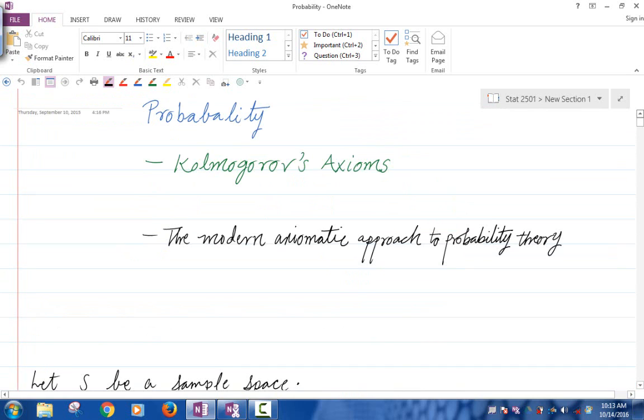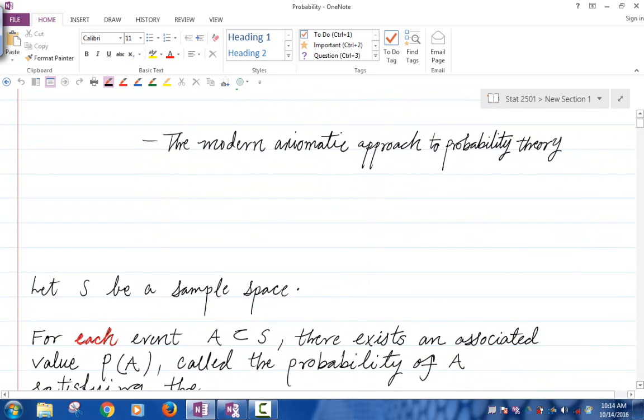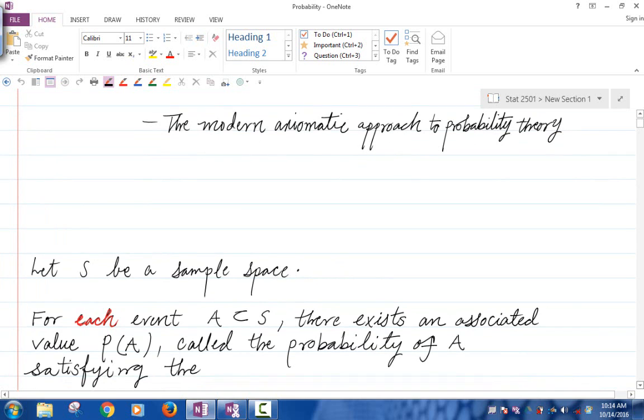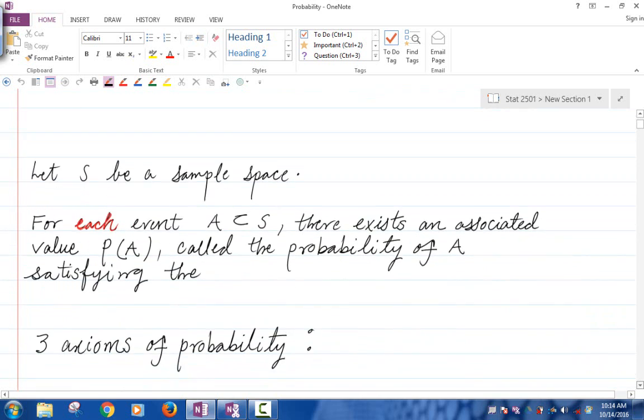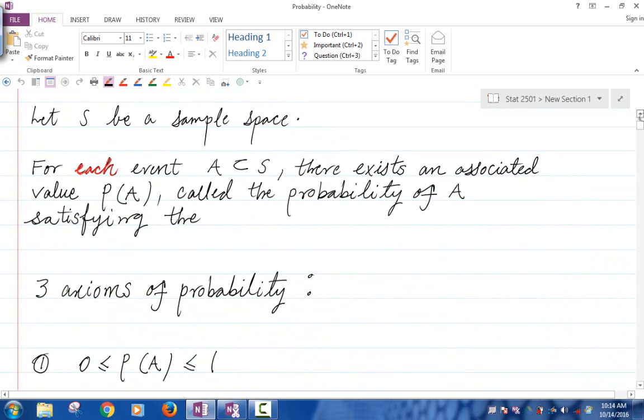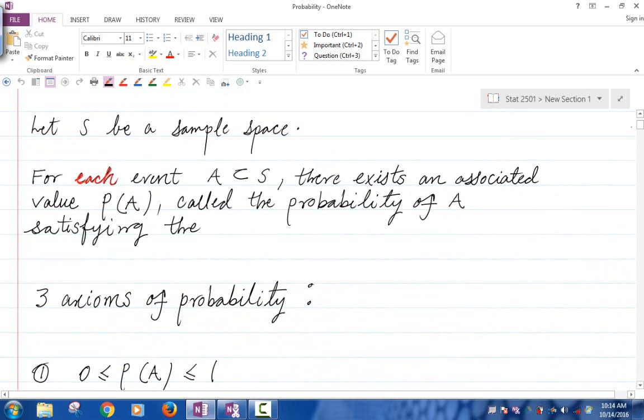Okay, so Kolmogorov's axioms, and this is the modern axiomatic approach to probability theory. Okay, so here are the axioms.